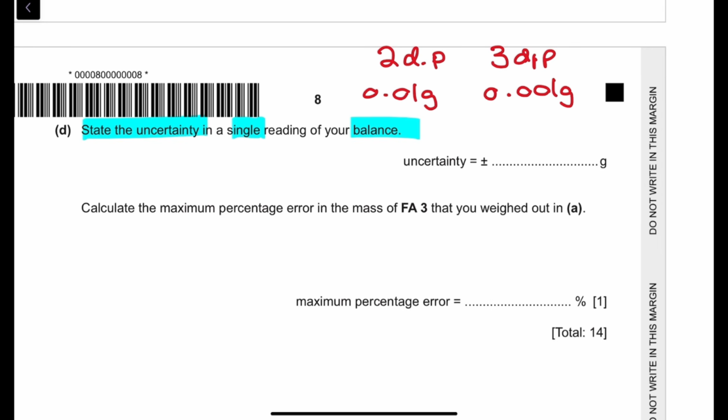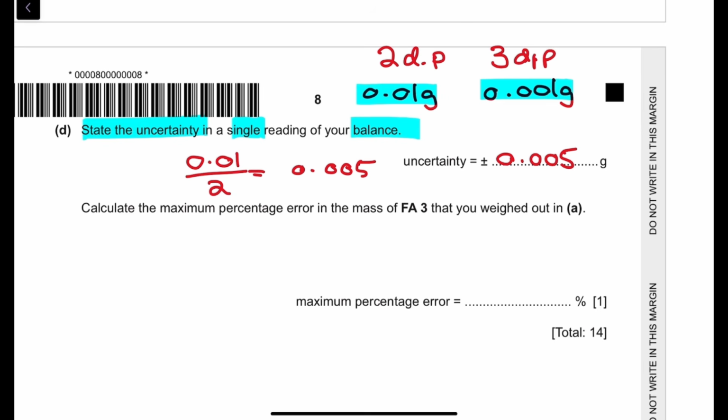So the uncertainty in grams is going to be our values divided by 2. So mine reads to 2 decimal places, so my uncertainty is going to be 0.01 divided by 2, which is equal to 0.005 for a single reading.